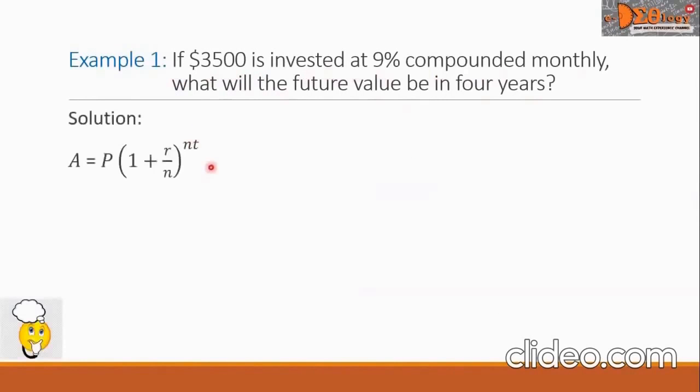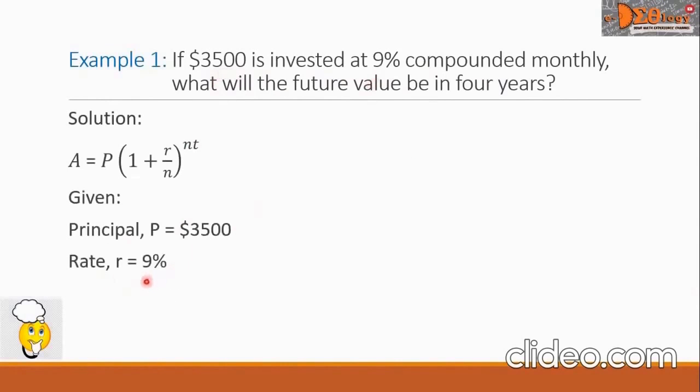And then let us collect the given values of the problem. First is the principal P, and that is the $3,500, followed by the rate denoted by R, and that is 9%.